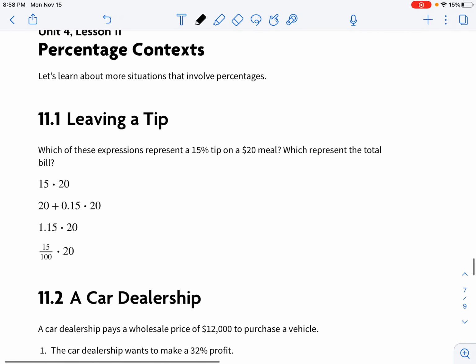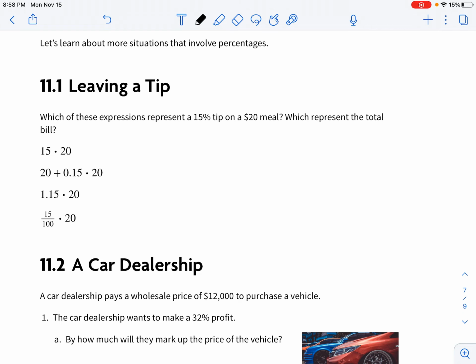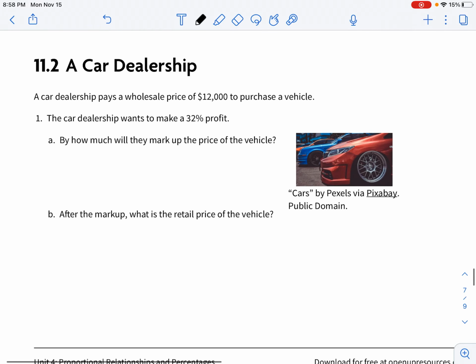Okay, so still looking with percents, we're not going to worry about this section leaving a tip. We're going to go to the car dealership. So it says a dealership pays a wholesale price of $12,000 to purchase a vehicle. The car dealership wants to make 32% profit. How much will they mark up the price of the vehicle?